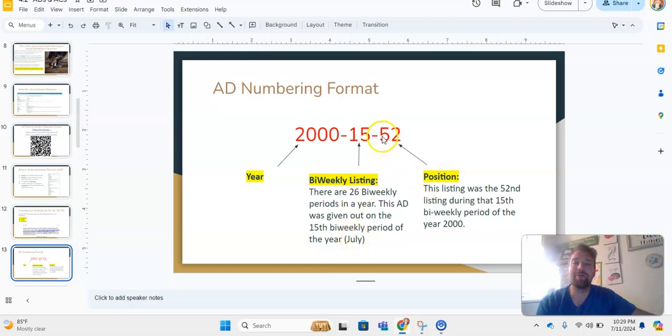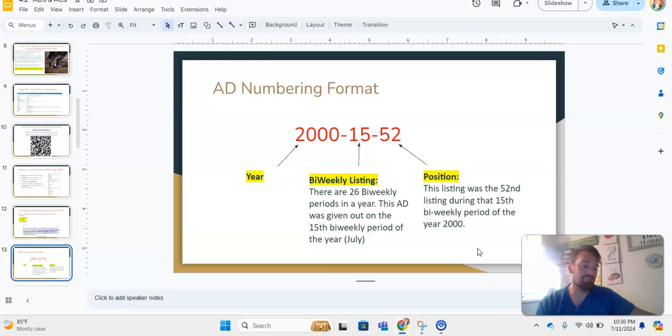And then we have 52. 52 is a position listing. What that means is that you have multiple listings that happen during that year and during that bi-weekly listing. So during the 15th bi-weekly listing in the year 2000, this is the 52nd airworthiness directive that was released during that time. So that's the AD numbering format.